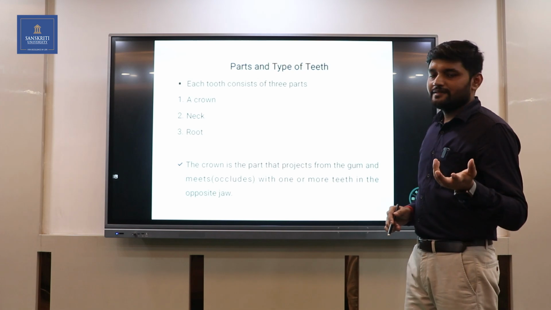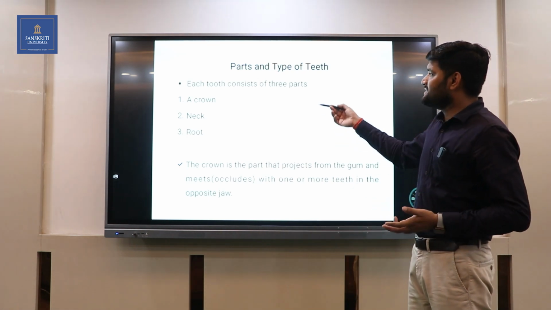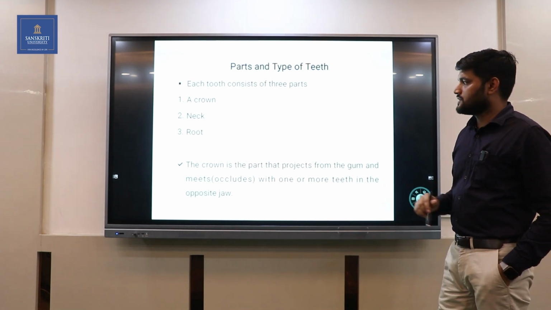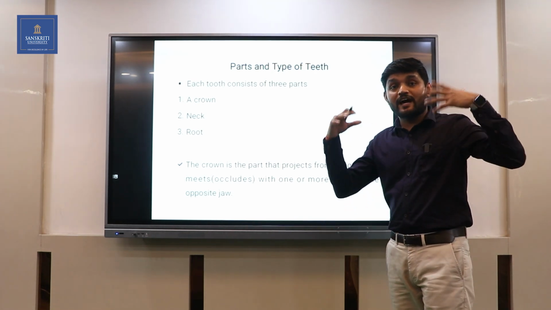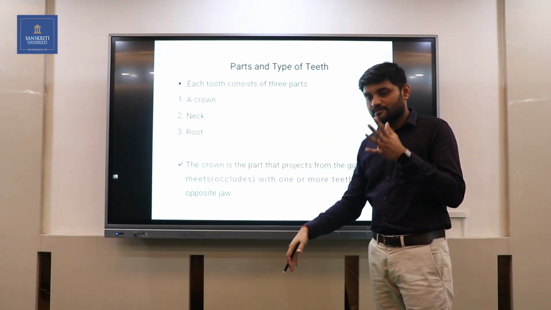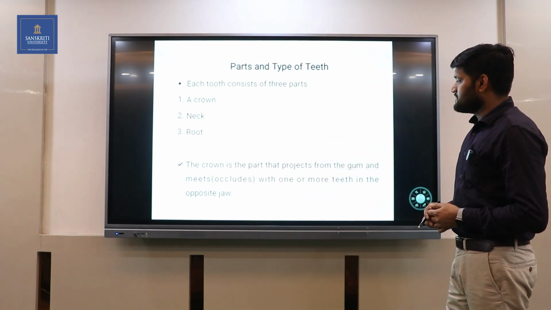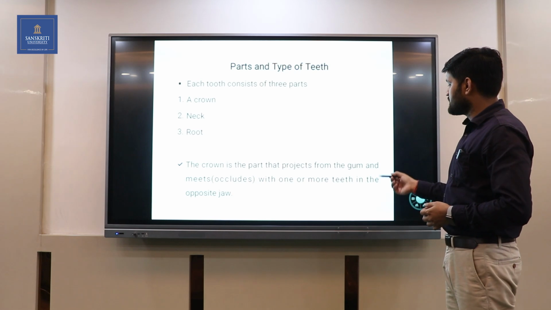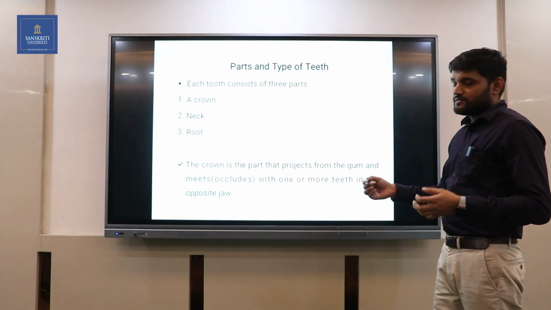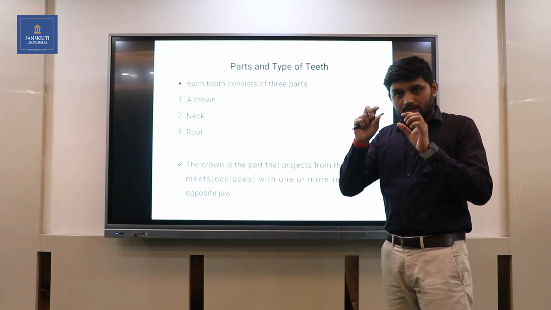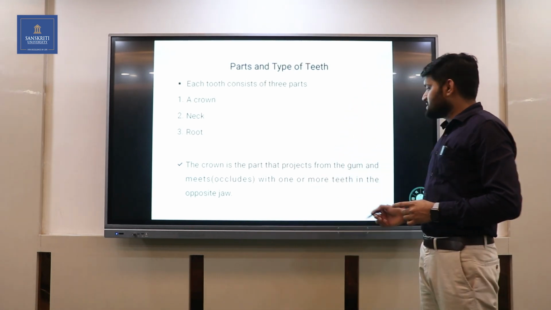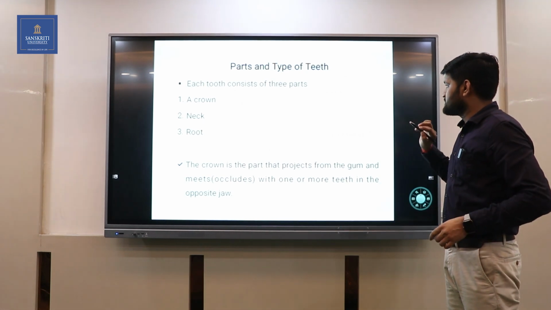Parts of teeth, or types of teeth. Each tooth consists of three parts: a crown, neck, and root. Crown, that means taj, like a taj. Neck, gardan. Root means jad. The crown is the part that projects from the gum and meets, occludes, with one or more teeth in the opposite jaw.